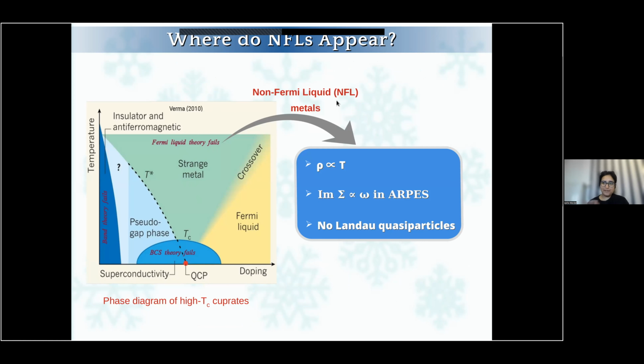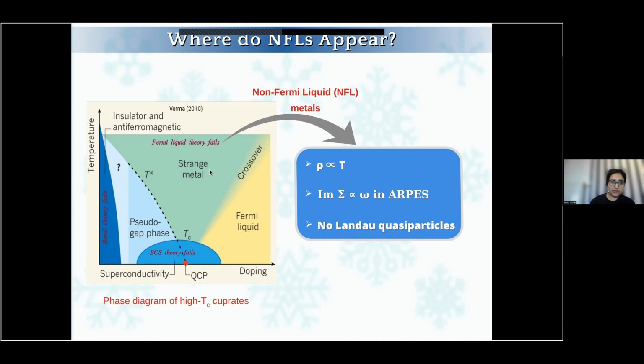For example, when the experimentalists measure the resistivity, that sometimes turns out to be linear in T. And then when they measure the imaginary part of the self energy, that goes as omega rather than omega squared in various ARPES experiments. So this leads us to believe that Landau quasi-particles cannot be the emergent degrees of freedom for this kind of systems.